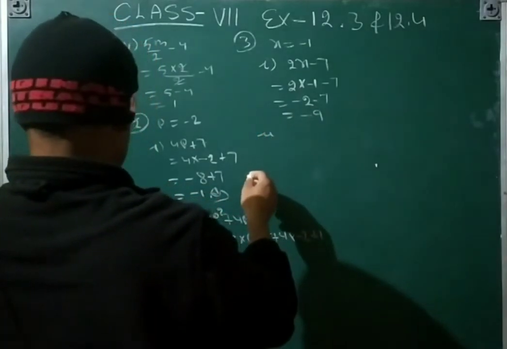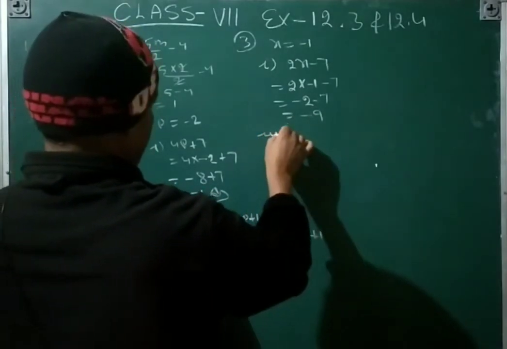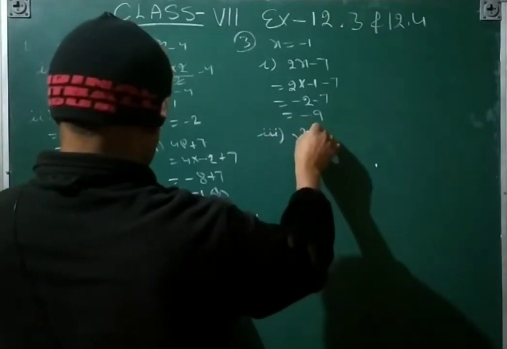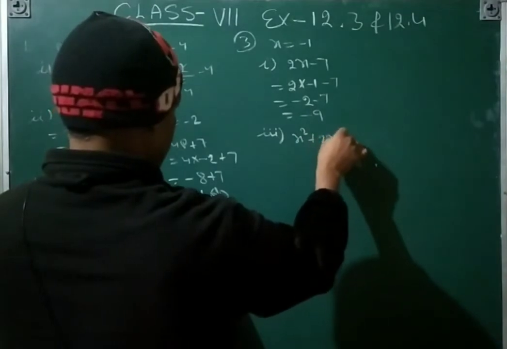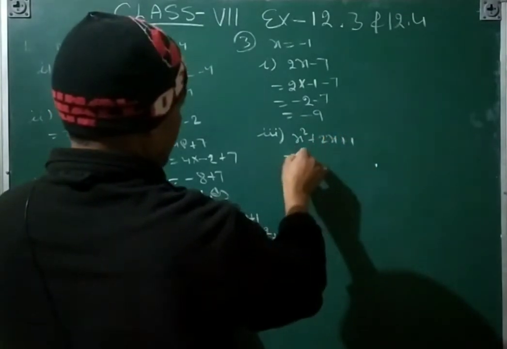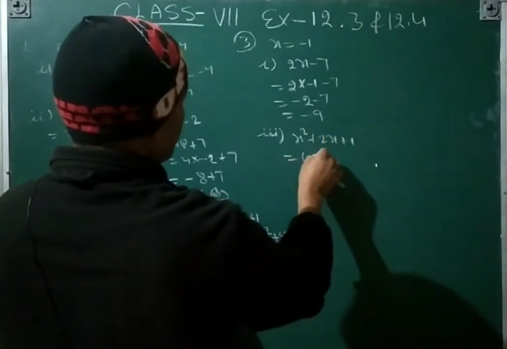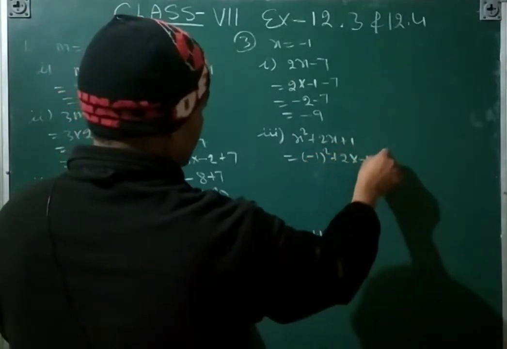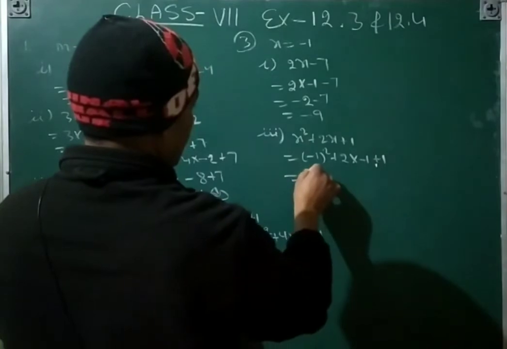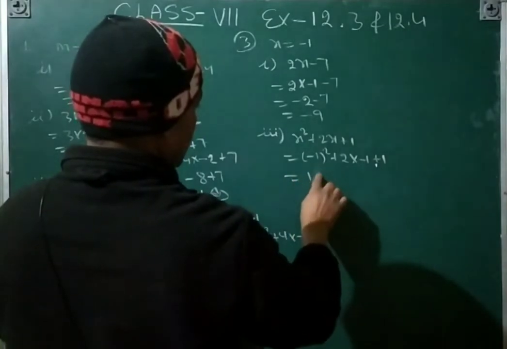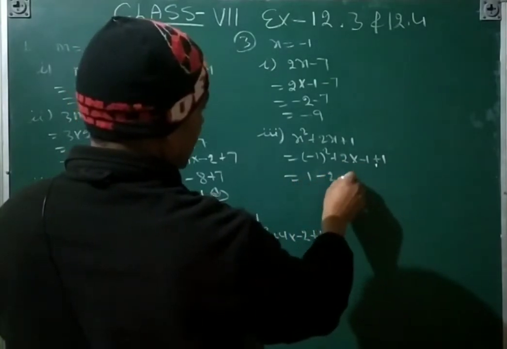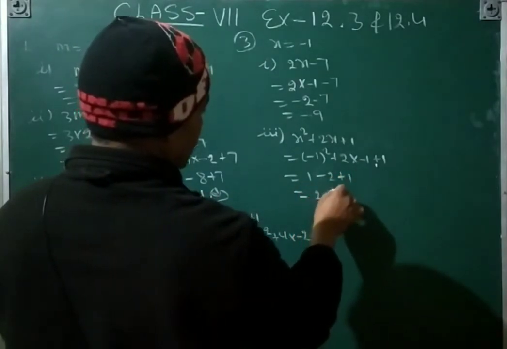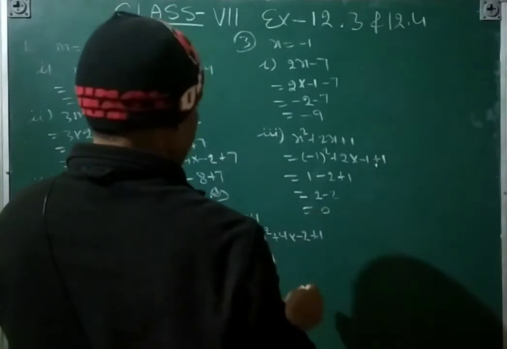Then third part: x square plus 2x plus 1, so that is minus 1 square plus 2 into minus 1 plus 1, so plus 1, and then minus 2, then plus 1, so that is 2 minus 2, which is equal to 0.